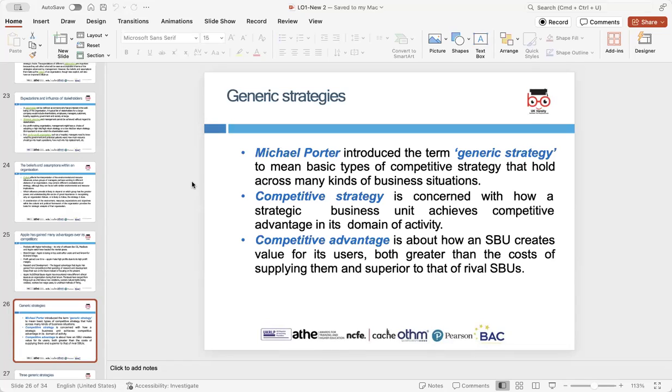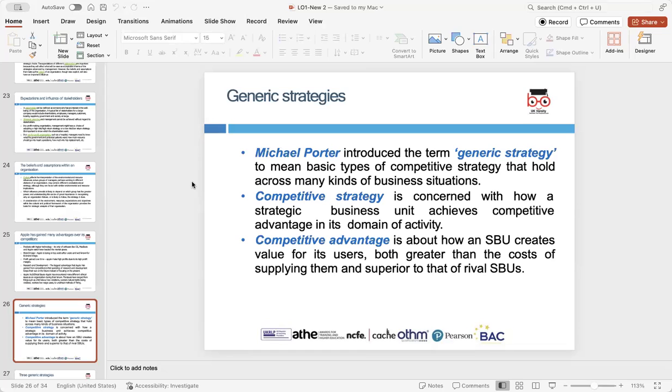Competitive advantage is defined by the ability of an SBU to offer value to its customers that exceeds the cost of delivering the value and surpasses that offered by a rival SBU, strategic business unit.